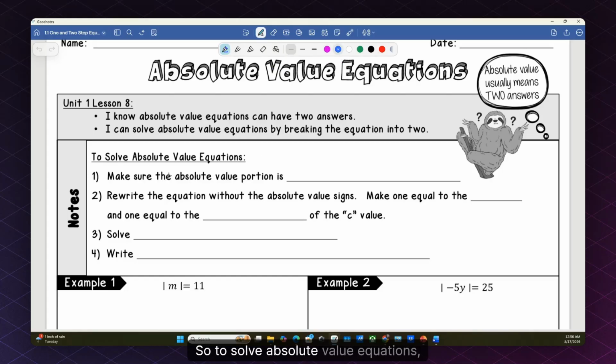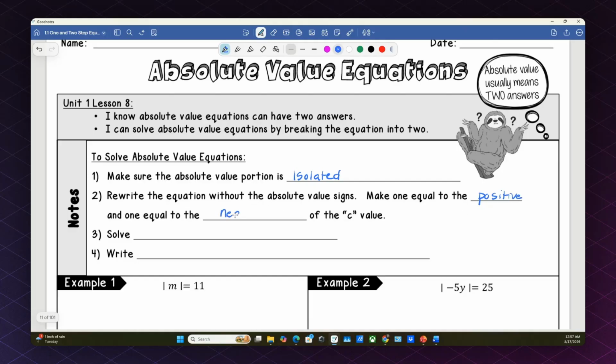So to solve absolute value equations, we're going to make sure the absolute value portion is isolated. And step two, we're going to rewrite the equation without the absolute value signs. We'll make one equal to the positive value and one equal to the negative.